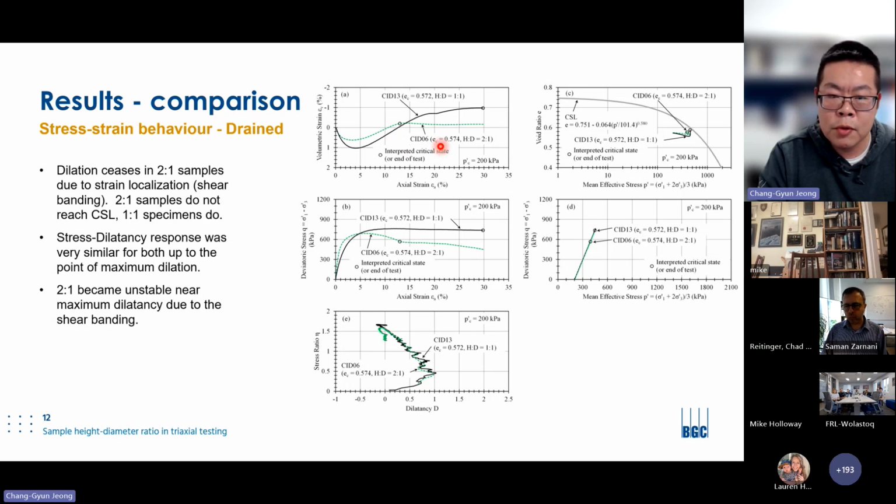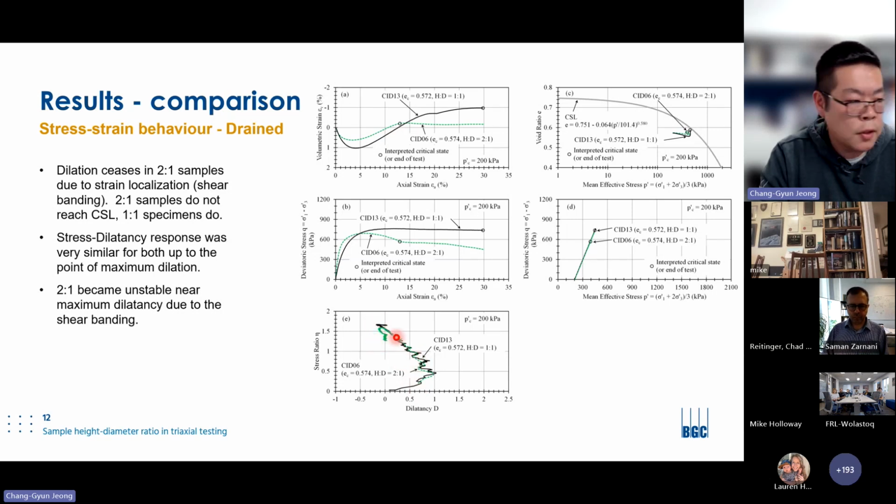But in the 2-to-1 test, for example, here in the volumetric response, the 2-to-1 test stopped dilating from about 12% axial strain when it started developing a shear band, whereas the 1-to-1 test continued to dilate up to the end of the test, up to 30% strain. And you can see the effect here also, up to the maximum dilation, which is the minimum value here.